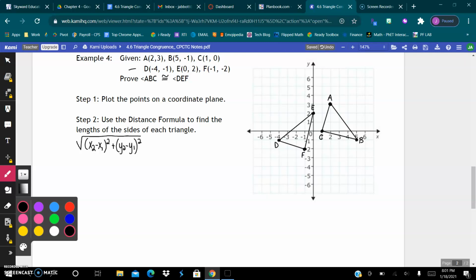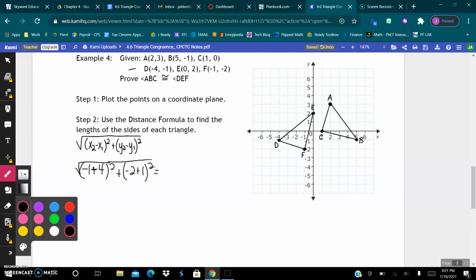So X2 would be -1 minus X1 would be -4, so that would be actually +4 squared plus y from the second would be -2 minus y from the first would be -1, so that would turn into a +1 squared.